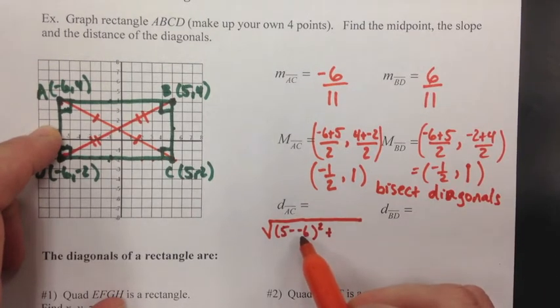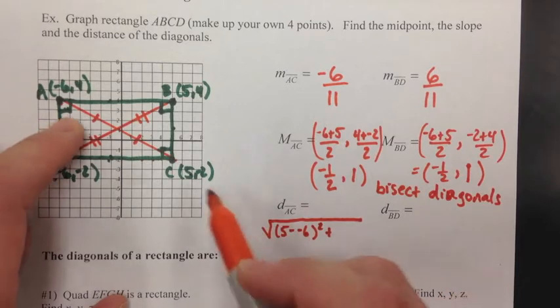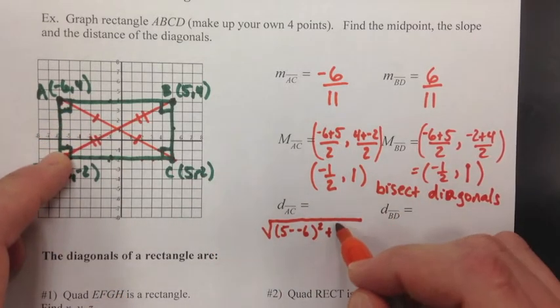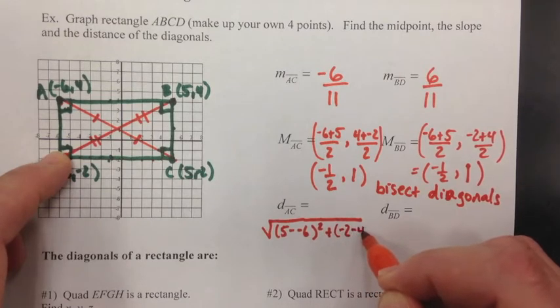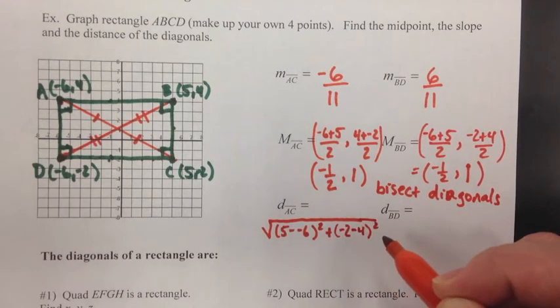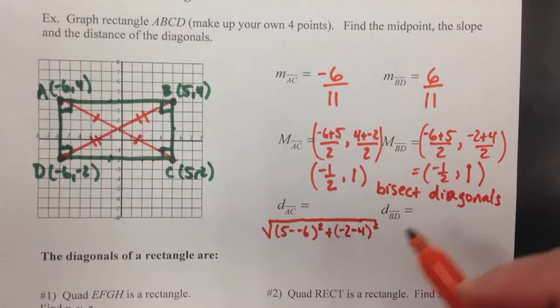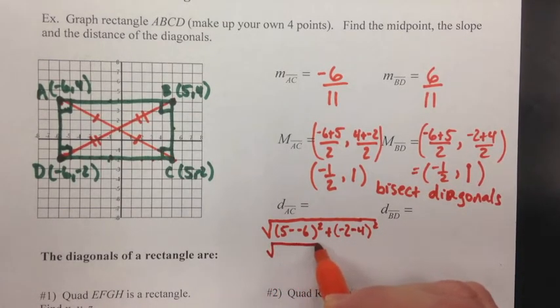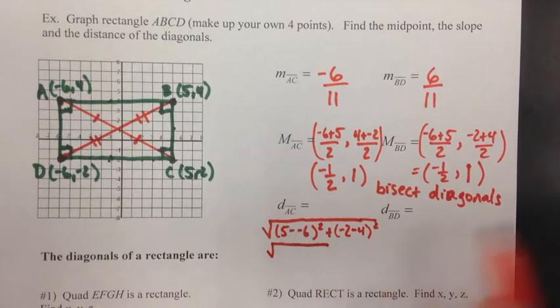Now I'm subtracting a negative, so I have to put minus, and then this is negative 6. Then I subtract the y values. That's negative 2 and positive 4. So negative 2 minus 4 squared. Now I'm not going to go through the whole process here because I'm kind of running out of space. But we'll get square root. This becomes plus plus.